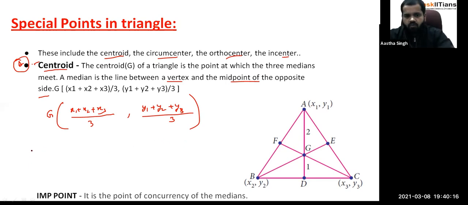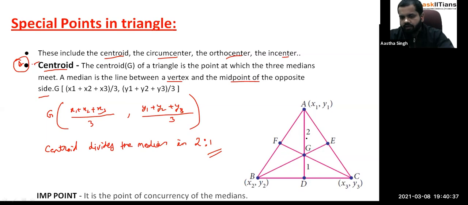And also, guys, the centroid divides any median in the ratio 2:1. AD is the median, and the centroid divides the median from the vertex to the base in 2:1.